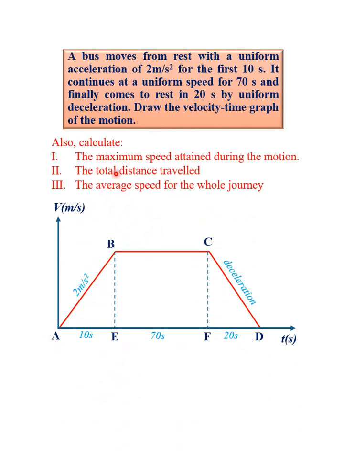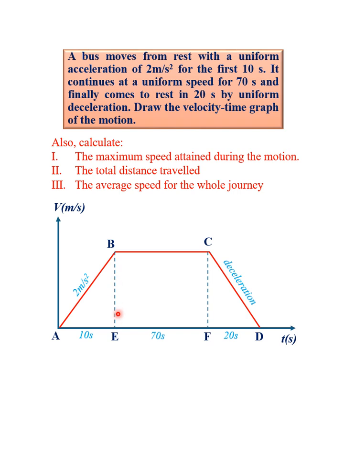Now let's consider these questions under this velocity time graph and see how we can solve them. The first one says calculate the maximum speed attained during the motion. The bus accelerates from rest and got to point B. There is no further acceleration. So the maximum speed is at point B or point C, which is given as BE.